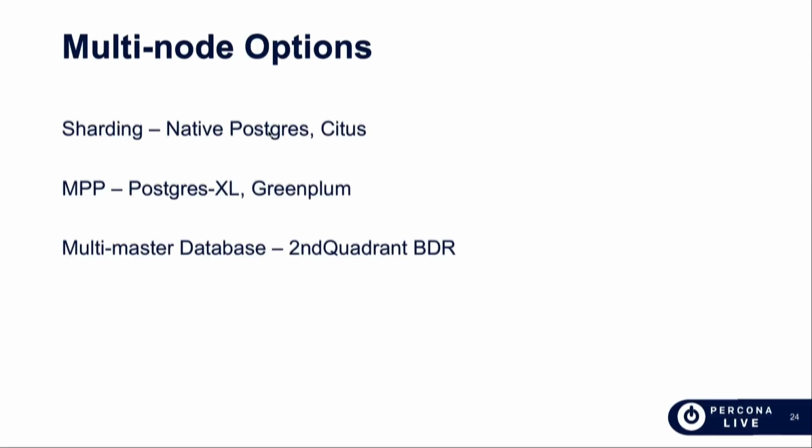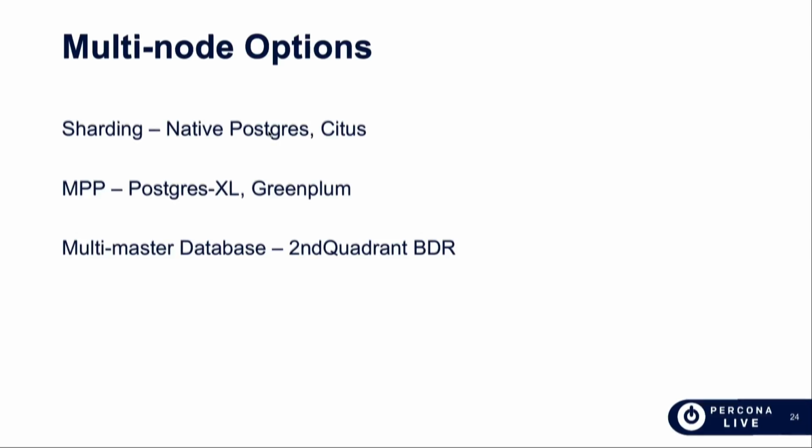But I've tried to list them up there. We are pushing these technologies into core Postgres. While these things are available now as commercial forks or commercial products, they will be available in the future within Postgres core. There are quite a few people working on pushing things into core.